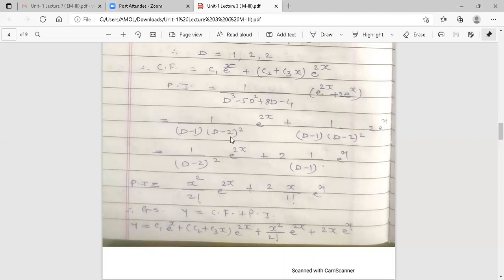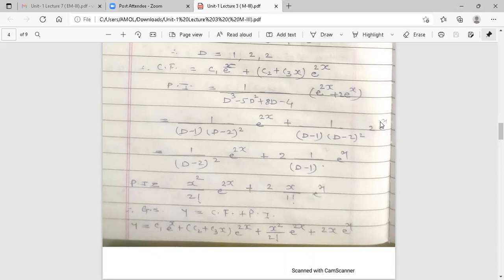But for this, you use that formula 1 upon (D − a)^r e^(ax). So first solve for D − 1: replace D by 2, 2 − 1 is 1. So we have this term, plus the second term, 2 constant as it is. Now the exponential function is e^x.